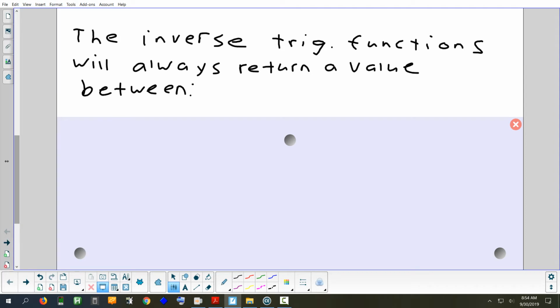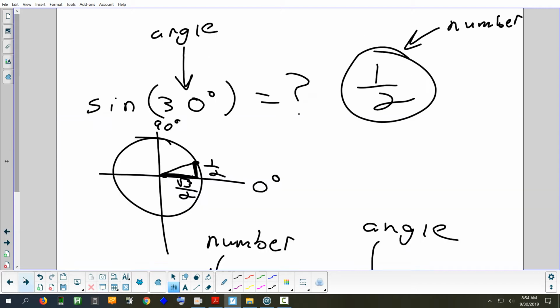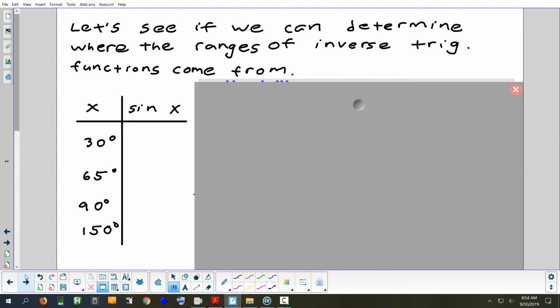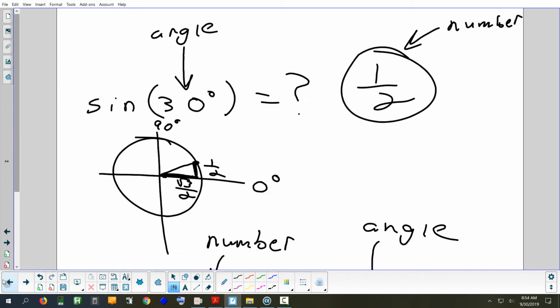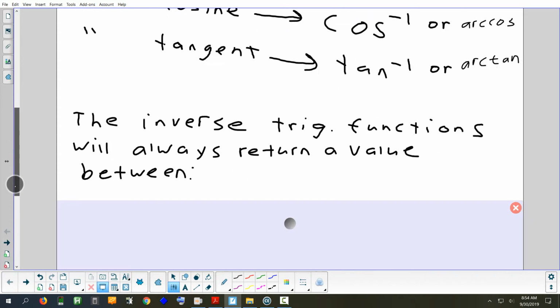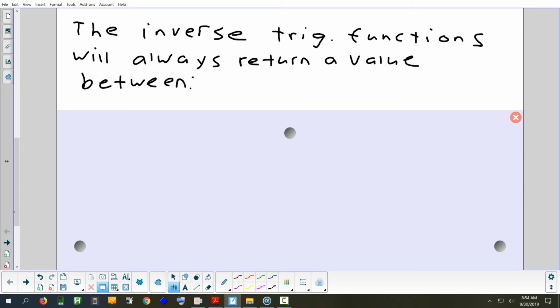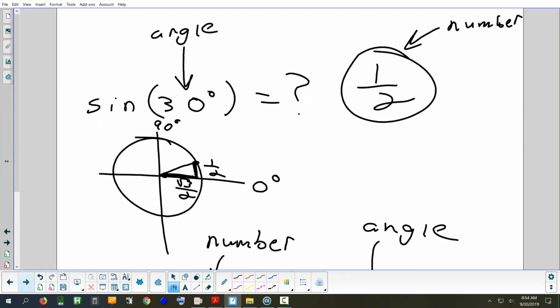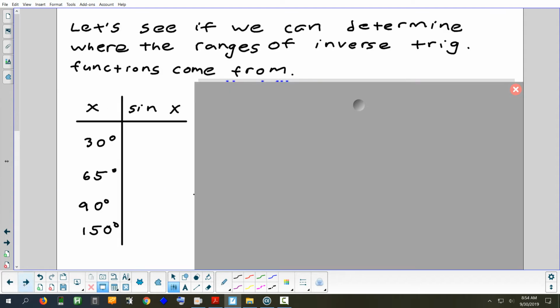I'm going to write that down in a minute, but I want to show you why. We all have to agree that we're going to get an answer between -90 and 90 because of what's happening right here. So I would leave a little bit of space right after this, maybe 3 lines, and then we're going to come back to it, but I'm going to show you something first.